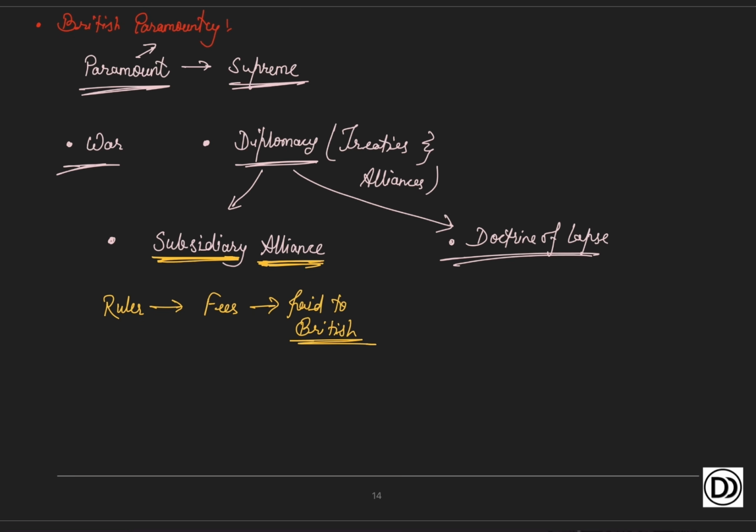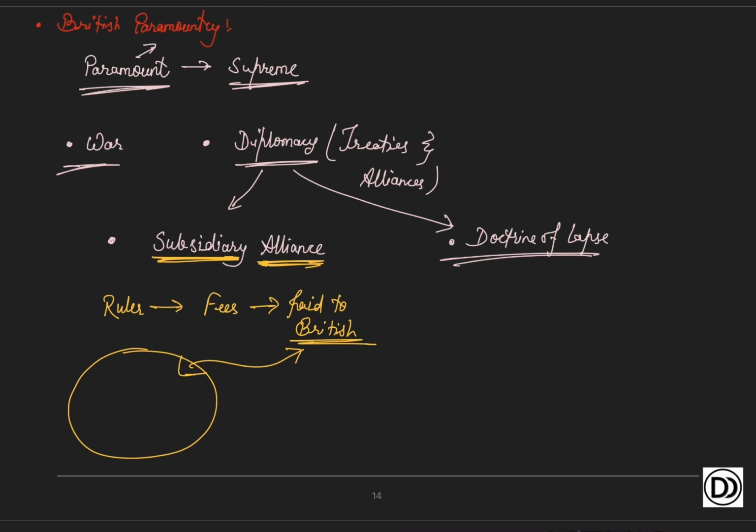And this fee, a kind of protection fee, was very high. And whenever the ruler was not able to pay this fee, he was asked to give a little part of his territory to the British. So, of the whole territory, when the ruler is not able to pay the fees, a little territory is given to the British instead of the payment.